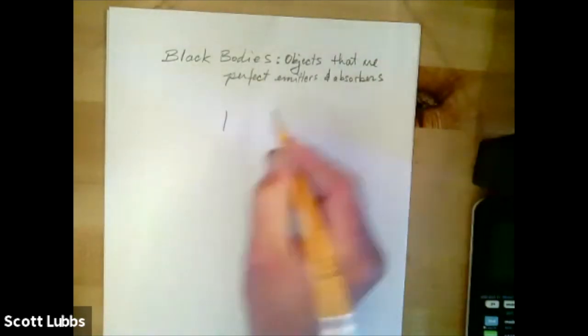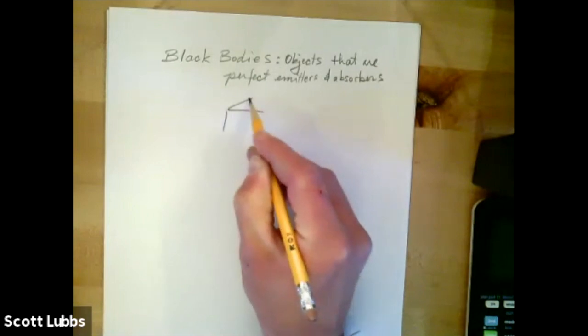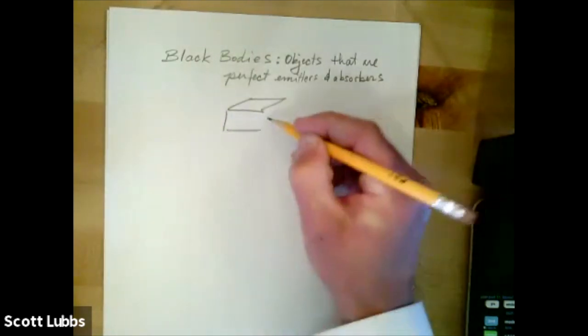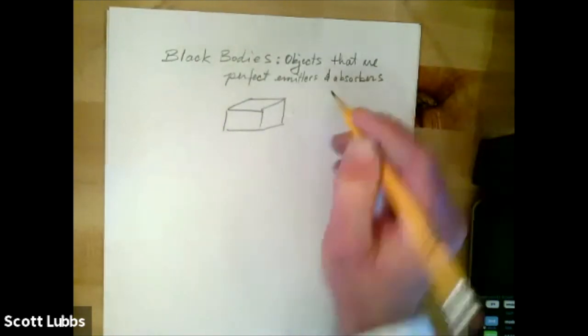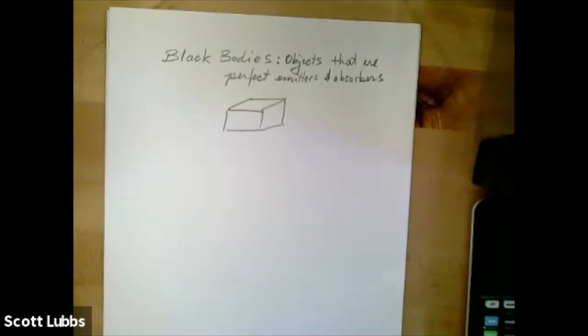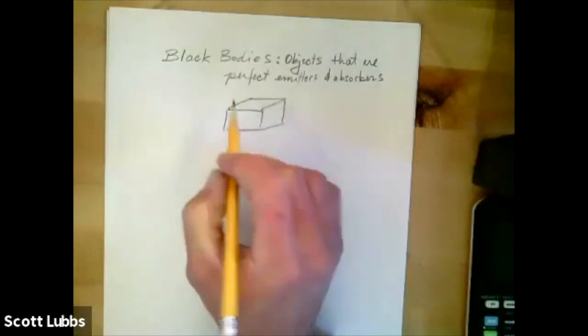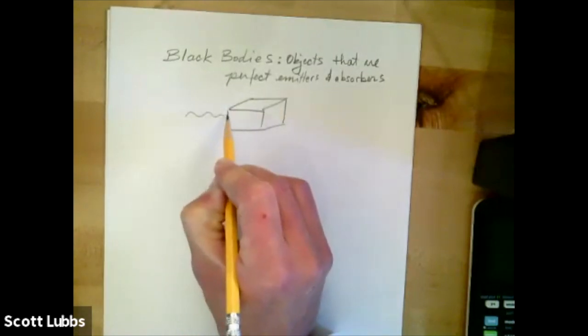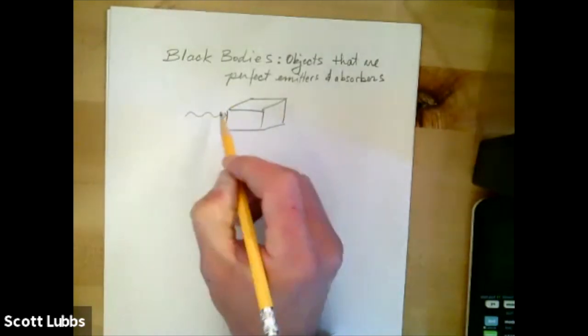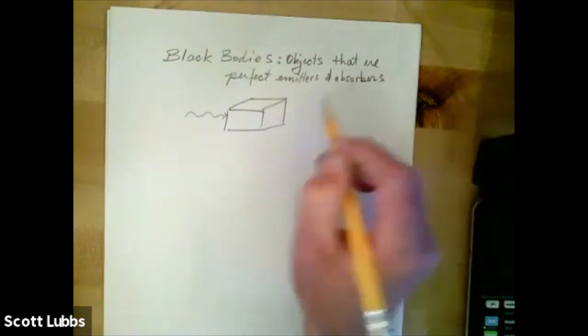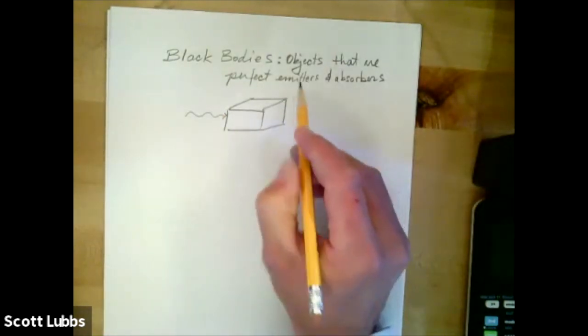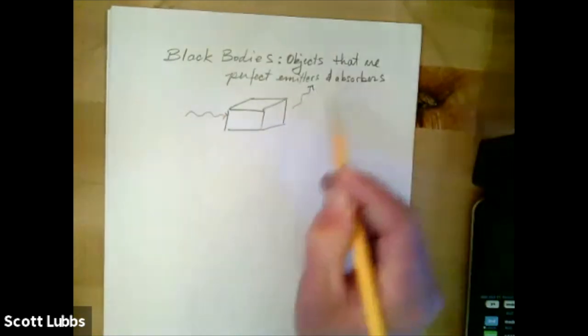It's some sort of theoretical object, the idea that any light that hits it is absorbed, but then it's also emitting as well.